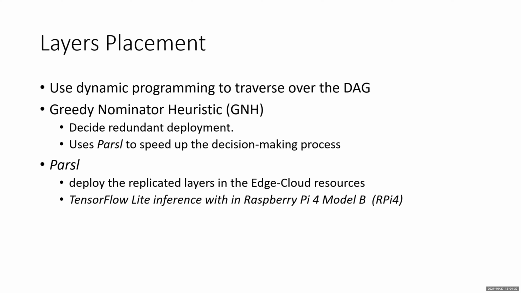Then it will pass the map decision, which location and the number of replications, to Parcel to do the actual deployment. And all the machines will have a TensorFlow Lite interpreter to perform the inference, where each function will represent a single layer of the neural network.